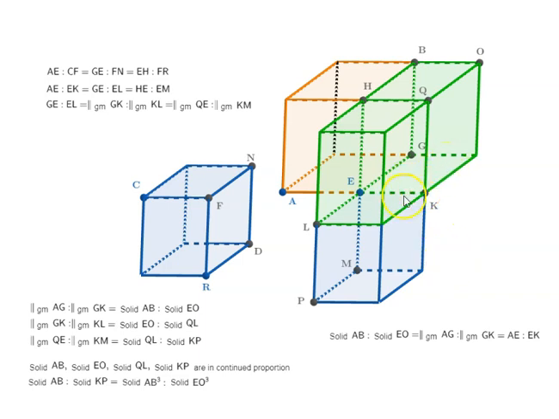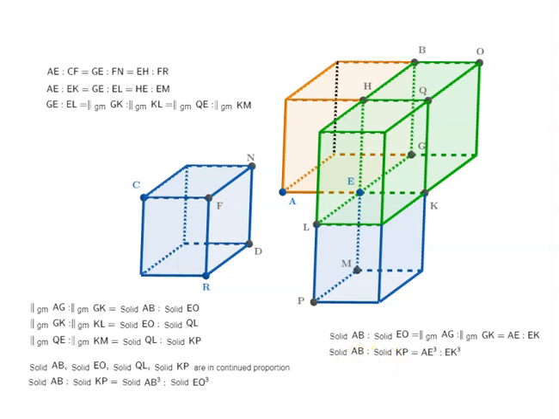And these parallelograms themselves are on these two lines, AE and EK. So that means solid AB is to solid KP, AB cube is to solid EO cube, we substitute with AE cube is to EK cube, because AB is to EO is equal to AE is to EK.